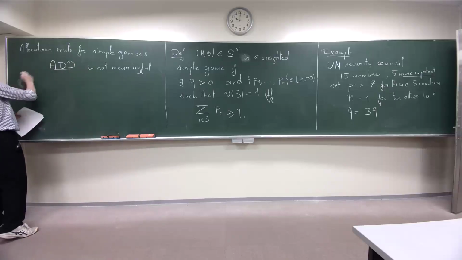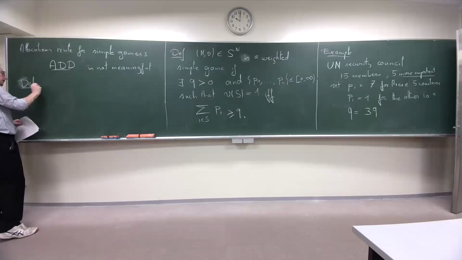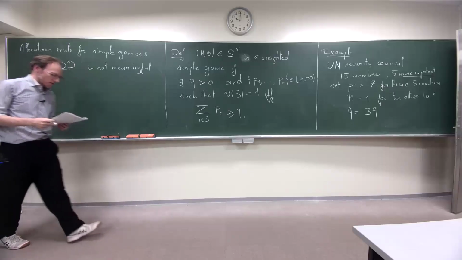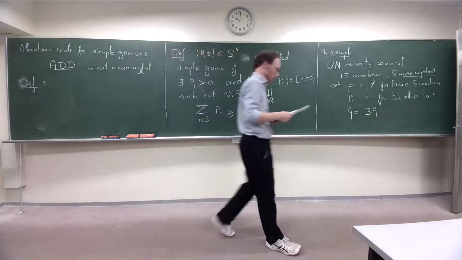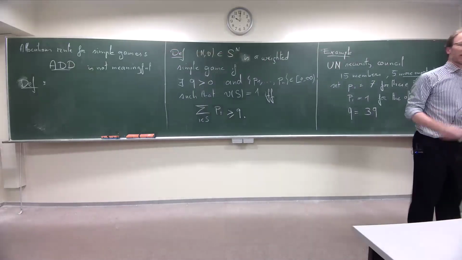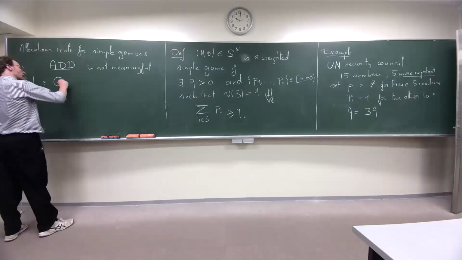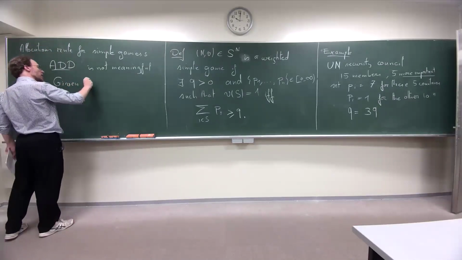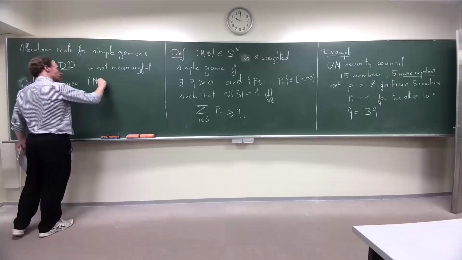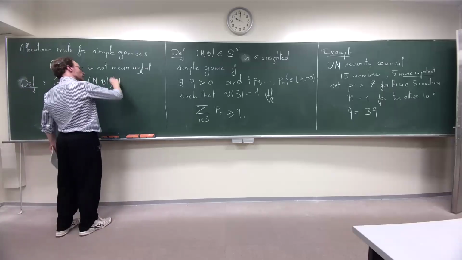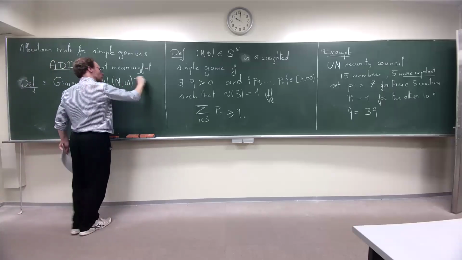And for this, we define something which I could have introduced a long time ago, but it's a good opportunity to do it. What is a maximum game and what is a minimum game? So start with two given TU games, N,v and N,w.